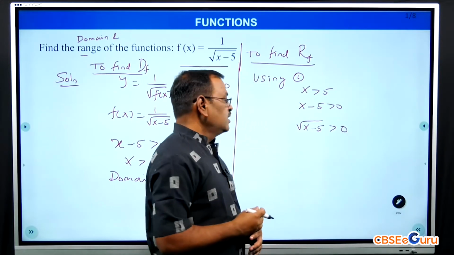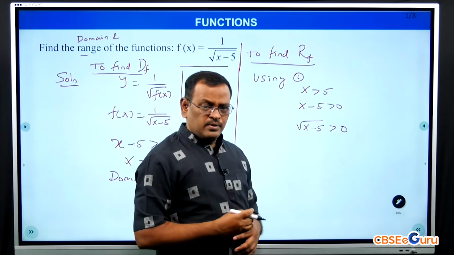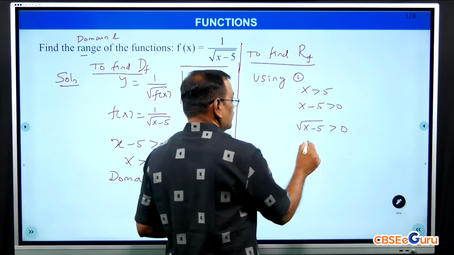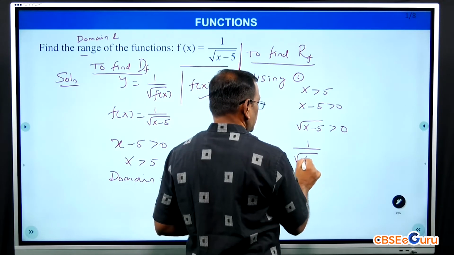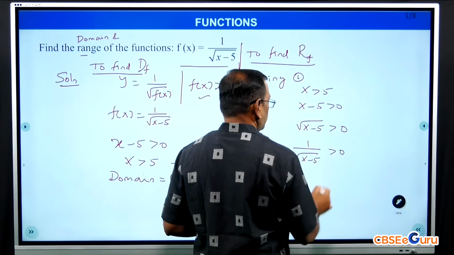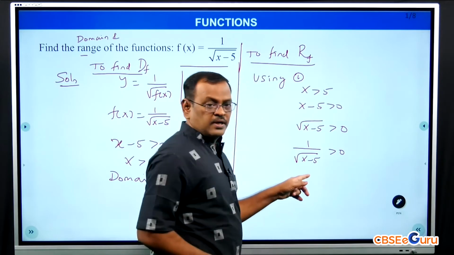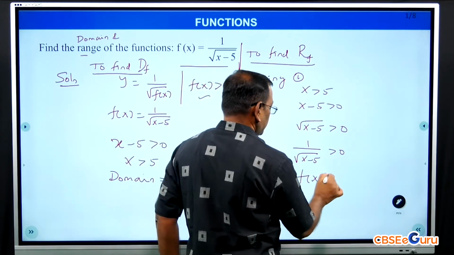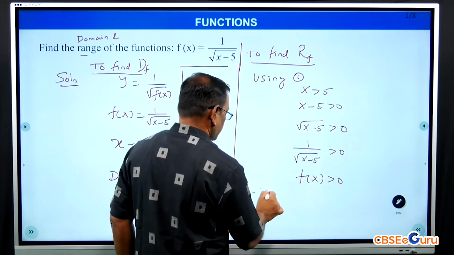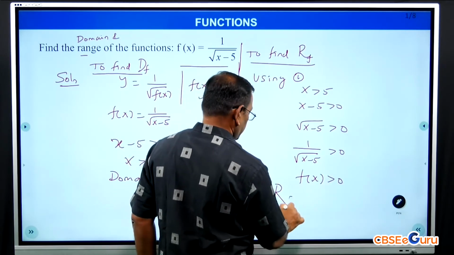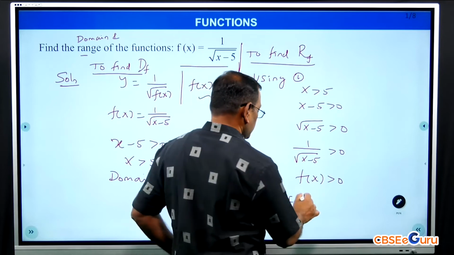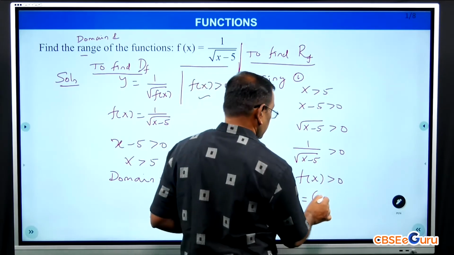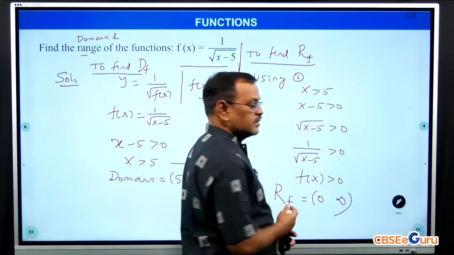Its reciprocal is also greater than 0. 1 by square root of x minus 5 is nothing but f of x. Therefore, the value of f of x is greater than 0. Therefore, what is the range of f? The range of f is the real numbers greater than 0 and up to infinity.